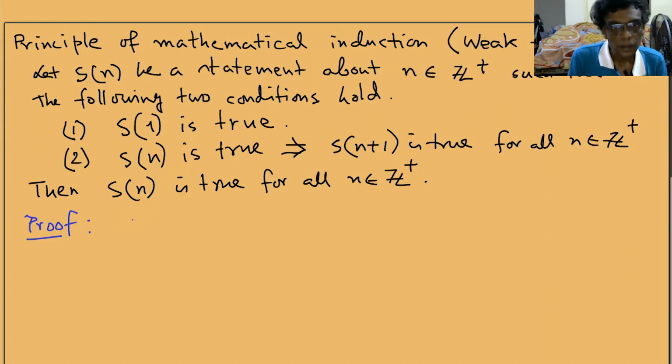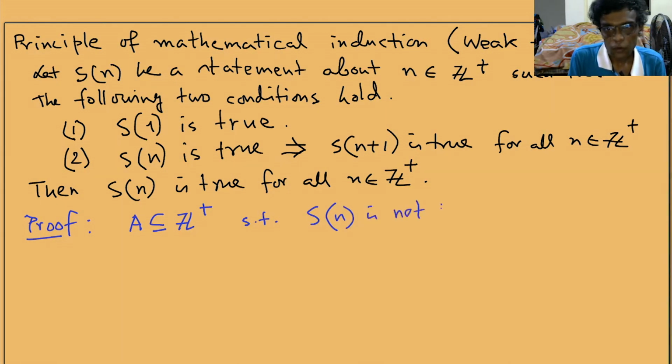So suppose that A is a subset of Z plus such that S(n) is not true whenever n is in A. I should have written it in a little better way.